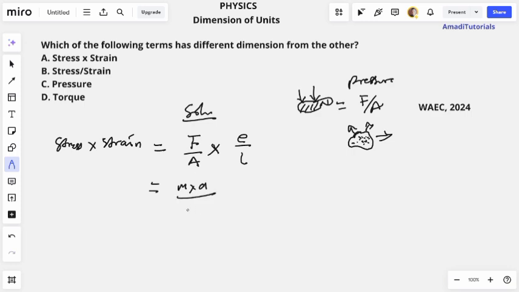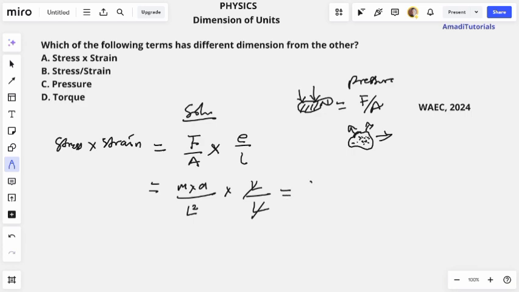Area is length times length, so the dimension of area is L raised power of 2. And here, extension is a length on its own. Original length is also a length, so they will cancel out. What is left is what? Mass times acceleration over L squared, which is stress. That's F over A.